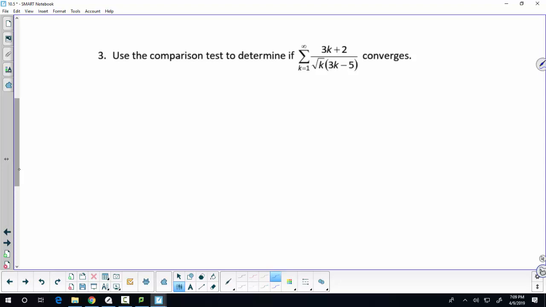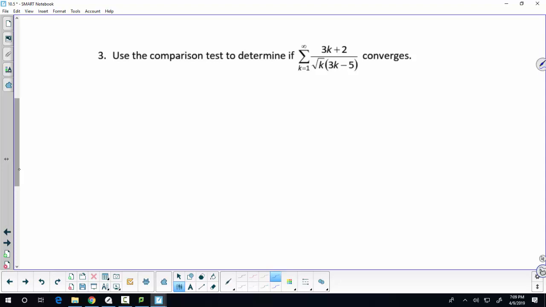We also need to know if this series converges by looking at the power of the leading terms in the numerator and the denominator. It seems that the power of the denominator is higher than that in the numerator, which means as far as the limit is concerned, it would go to 0. So then you're utilizing what test? The divergence test. If the divergence test gives 0, what does that tell us?